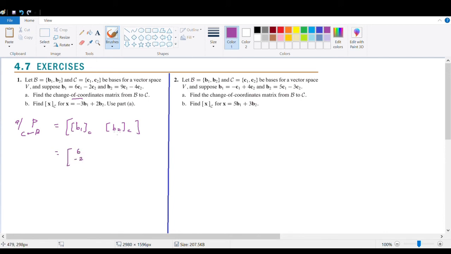Then for B2 to the basis C, we have 9 minus 4. So this is our change of coordinate matrix from B to C.